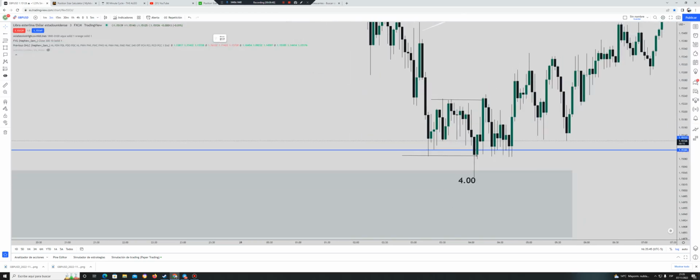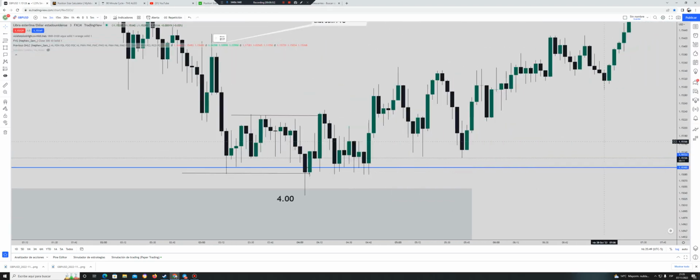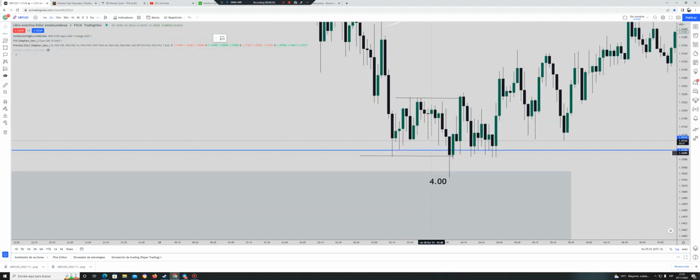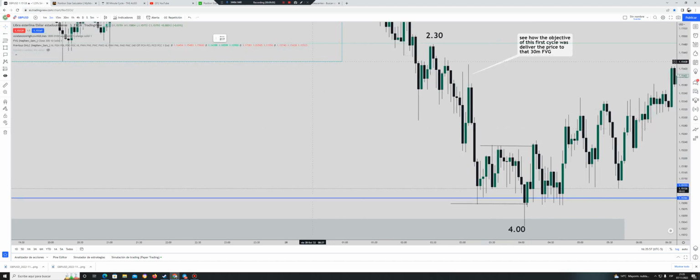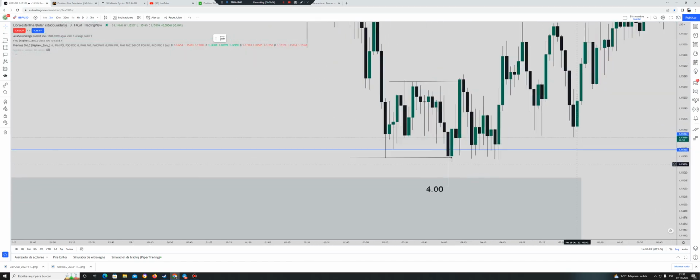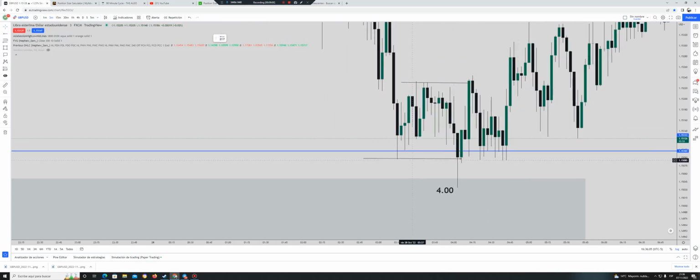This is the same cycle I showed you in the last one, because it's very simple. So the first cycle took the price to the fair value gap, taking the Asia low, and now we wait for the fall. What we have here is price taking the low, then breaking a structure.